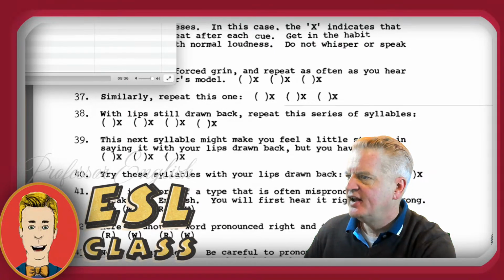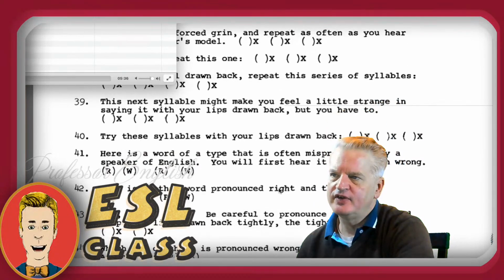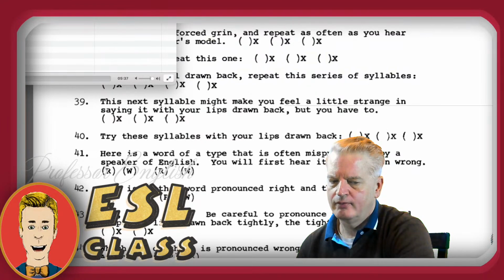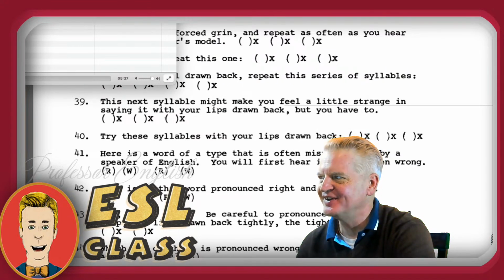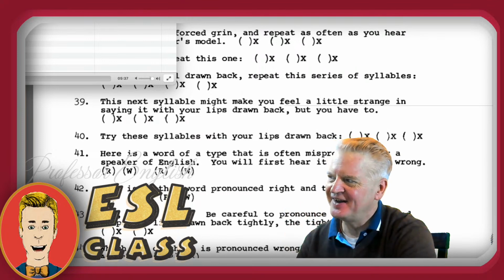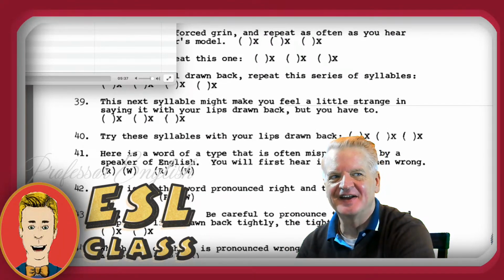39. This next syllable might make you feel a little bit strange in saying it with your lips drawn back, but you have to. Das, das, das. I'm exaggerating when I do this because I just want to get in the habit of moving my mouth like that.